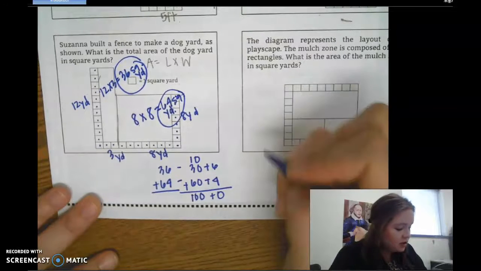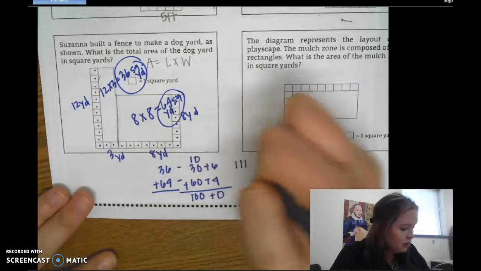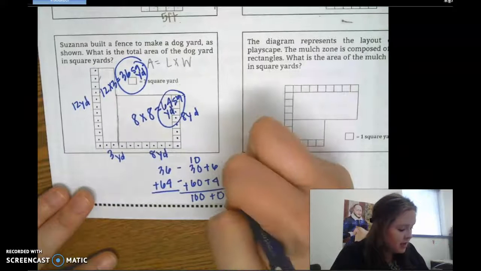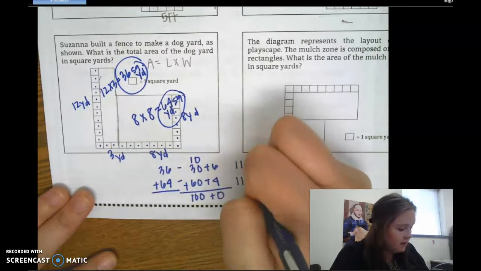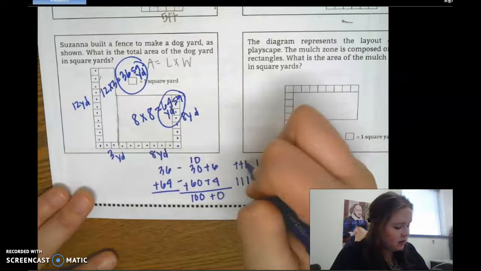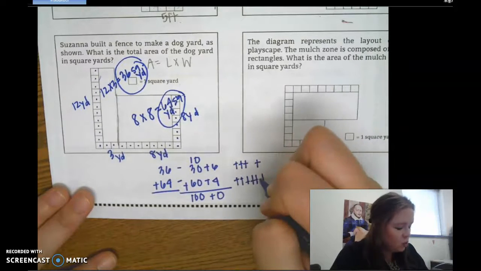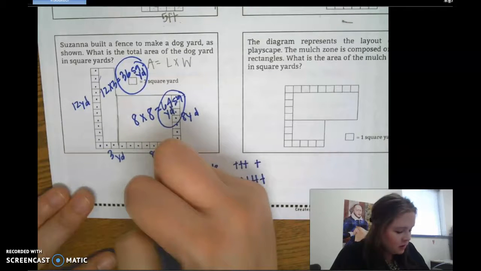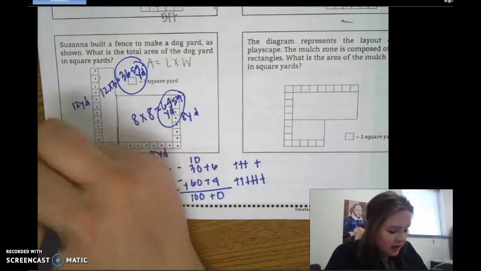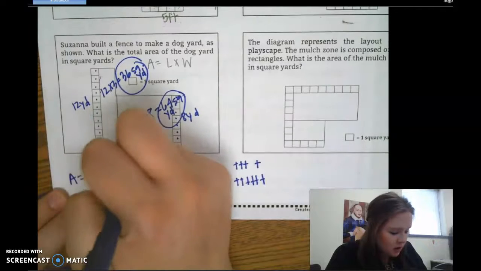And if you weren't sure, you could draw your tens. You could just do 10, 20, 30, and 10 more. 10, 20, 30, 40, 50, 60. And then you could just count all of them together. 10, 20, 30, 40, 50, 60, 70, 80, 90, 100. So the area equals 100 square yards.